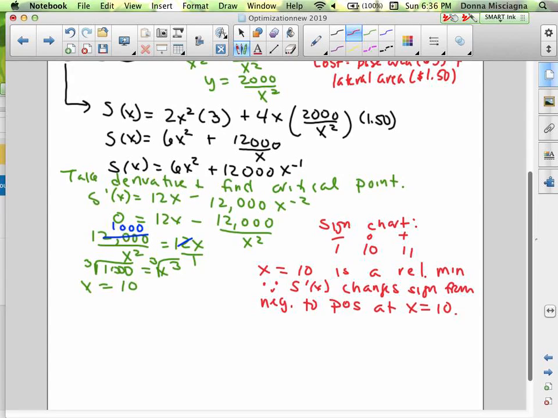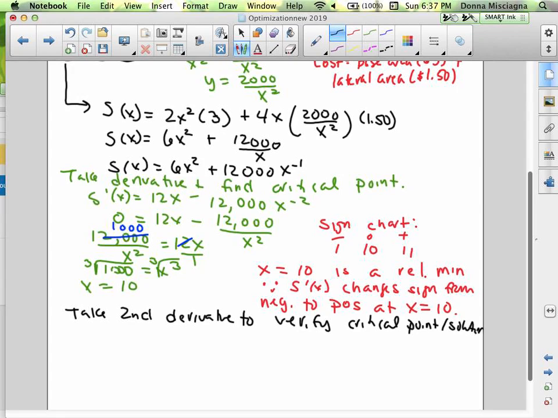All right, and then let us find the second derivative, to verify the critical point or solution.